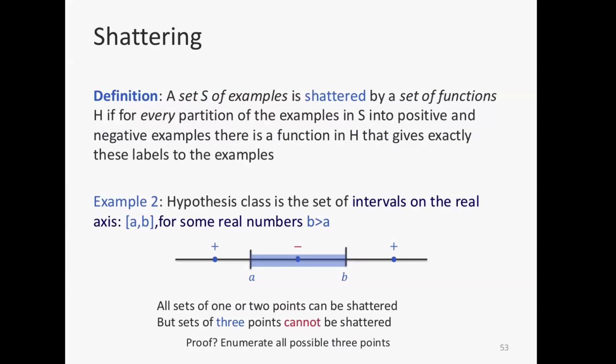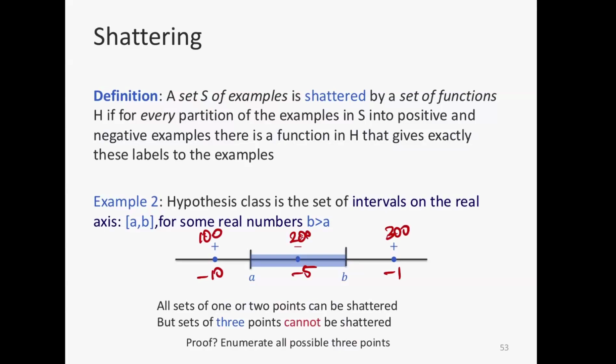So with intervals, all sets of 1 point can be shattered, all sets of 2 points can be shattered, but no set of 3 points can be shattered. Not even one set of 3 points can be shattered, because no matter where those 3 points lie, it doesn't matter whether these 3 points are -10, -5, and -1, or maybe this is 100, 200, and 300.